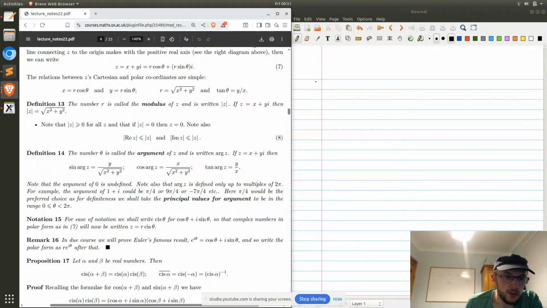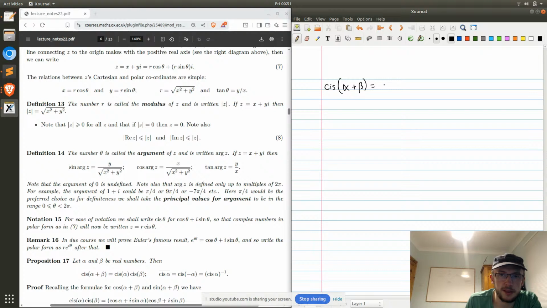All right, so for the first conjunct of the proposition, cis of alpha plus beta, we have to recall the definition. So that's cosine of alpha plus i sine of beta.